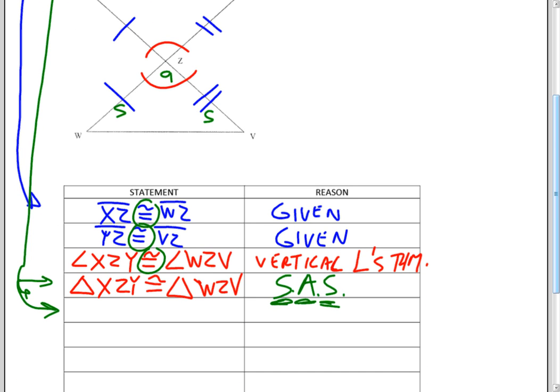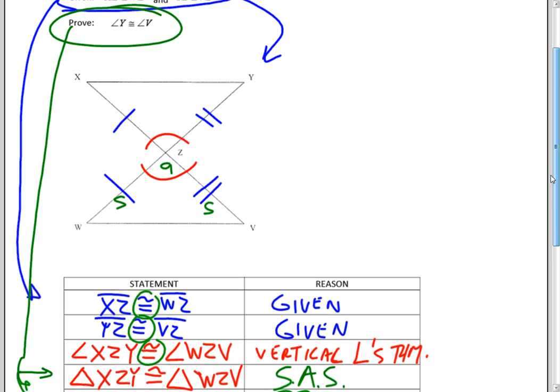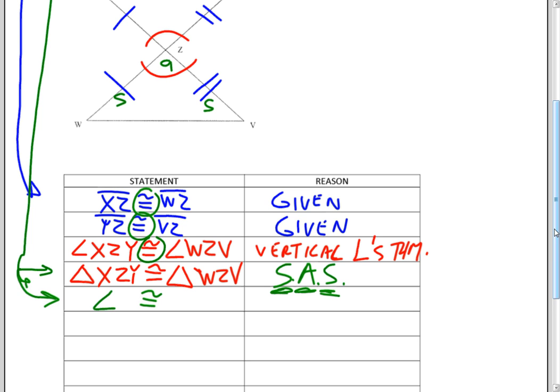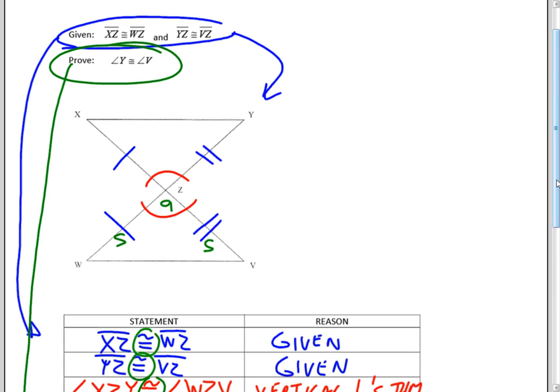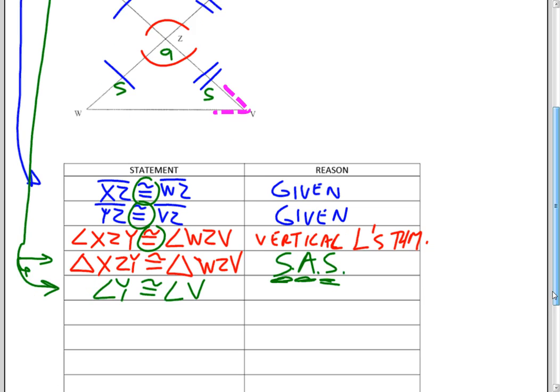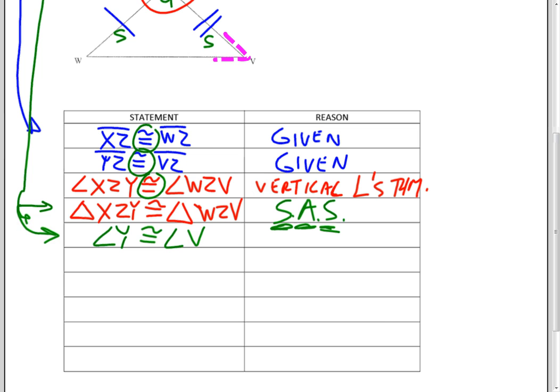Right at the bottom. So Y and V. What allows me to now say that this angle is the same as that angle? CPCTC.